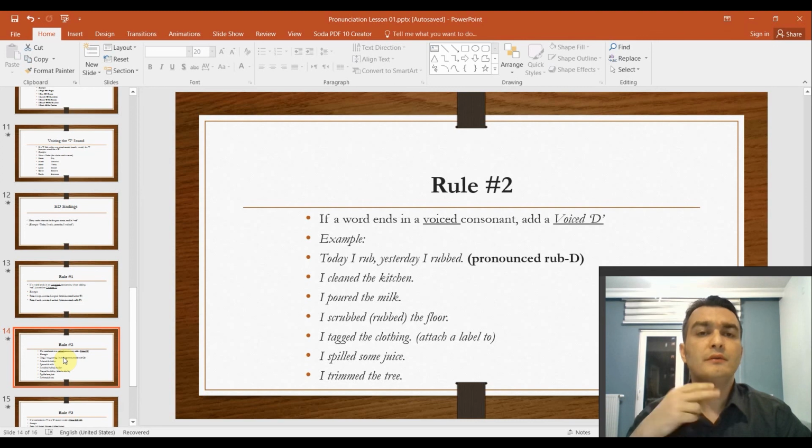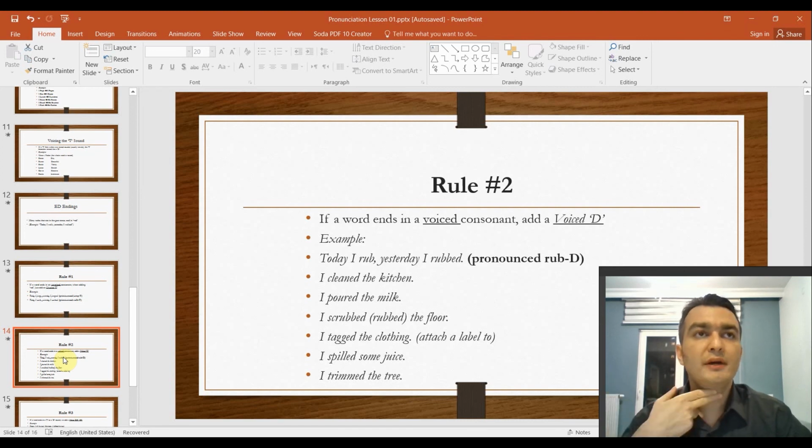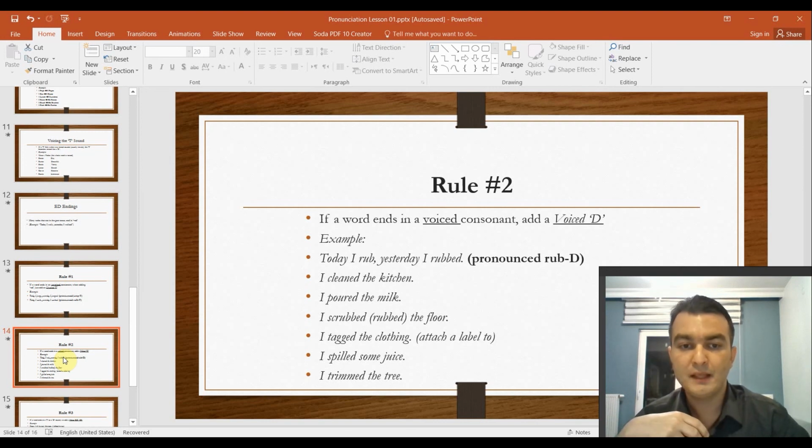Clean, n, voiced, cleaned. Pour, r, American R is r, huh? It is voiced. Pour, poured. Scrub, scrubbed. See? Tag, tagged. Spill, spilled. Trim, trimmed. You see?